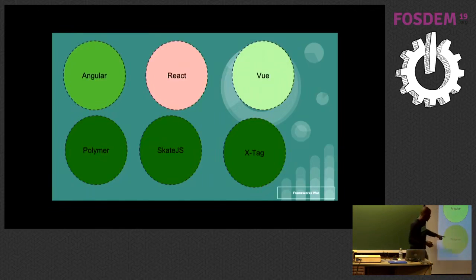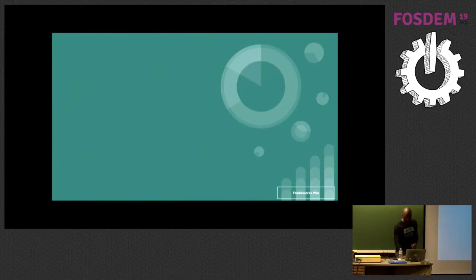So, Polymer, Skate.js, X-Tag, and there are other web-component-friendly frameworks out there that are already doing it. Angular is the most advanced of these three because it already gives you tools that go directly to web components. React is a bit reddish, but I'm going to show you a way to get it a bit greener than that.